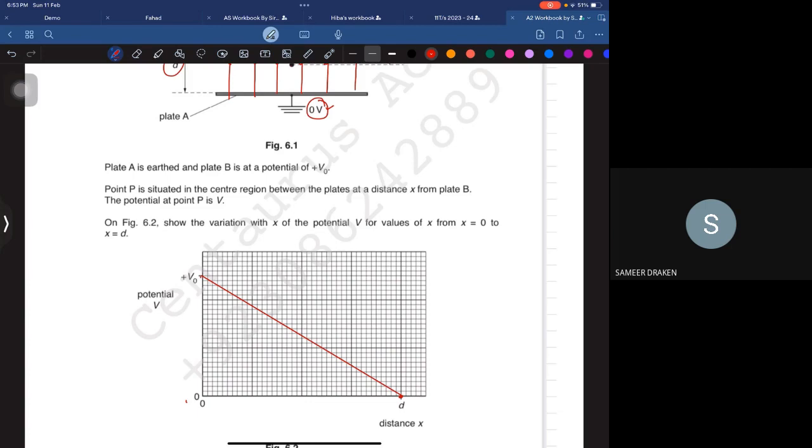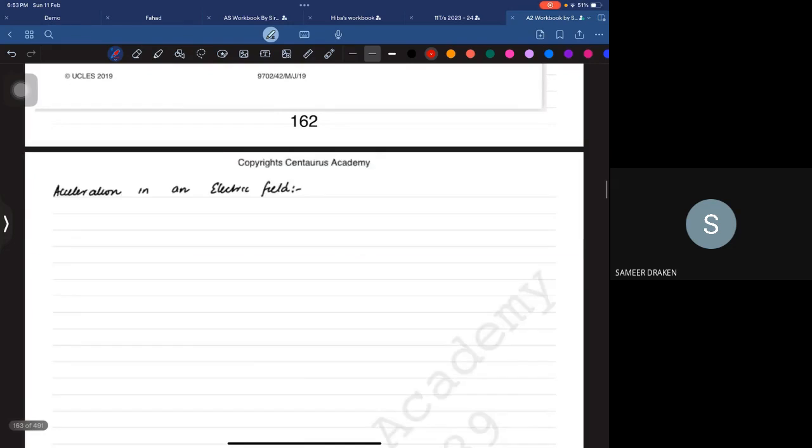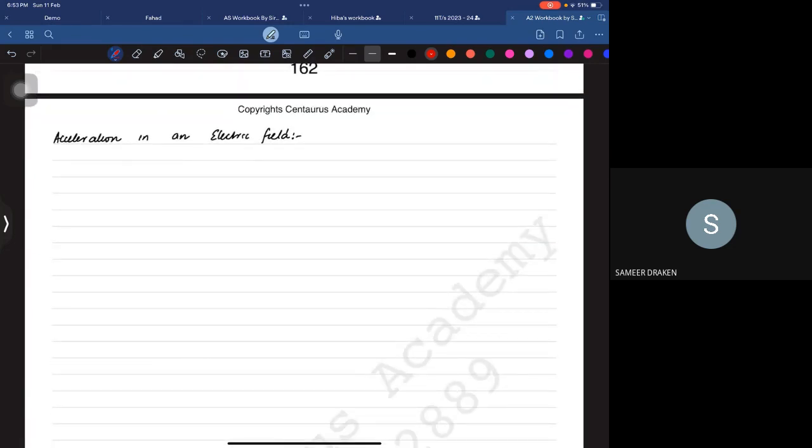All right, kids. Now let's have a look at the next thing, which is the acceleration in an electric field.